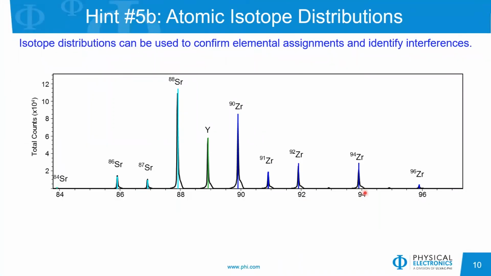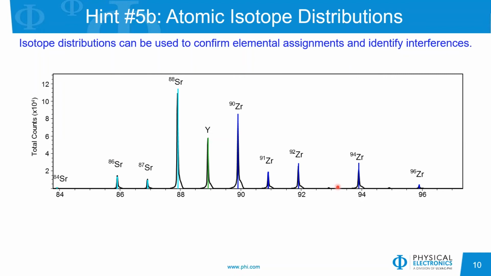Isotope distributions are also quite useful for looking at elemental samples. So this particular example is from a solid oxide fuel cell that has a number of elemental components in the matrix. And this is showing the expected isotope distributions for strontium, yttrium, which has only a single isotope, and also the zirconium elements.